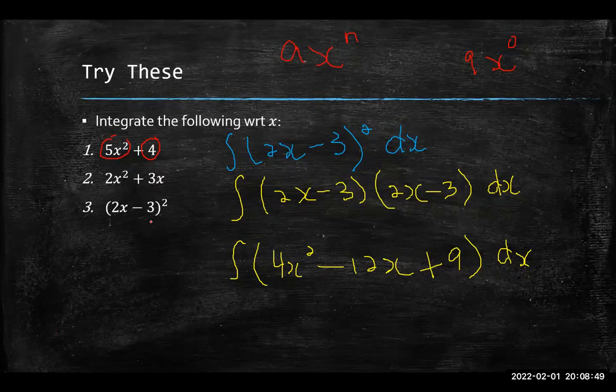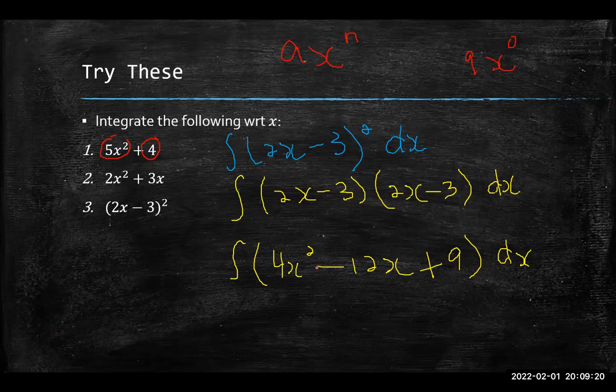This is not in that form because I see 2x minus 3 all squared. So what you need to do is find a way to put this into this form, where each term is in this form. How can I do that? I can simplify. How will I simplify? I expand my bracket. (2x - 3) squared is the same as saying (2x - 3) multiplied by (2x - 3).